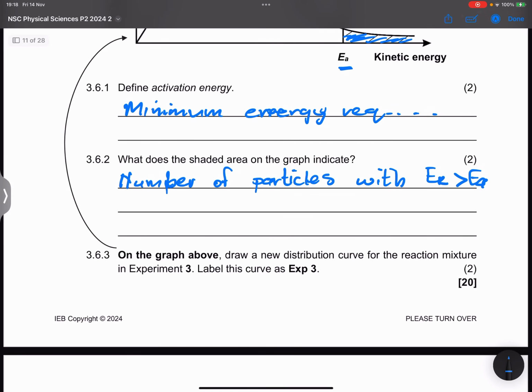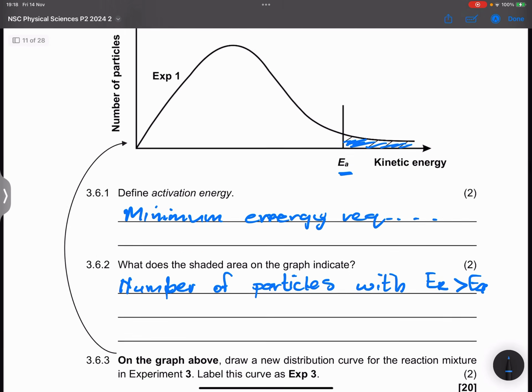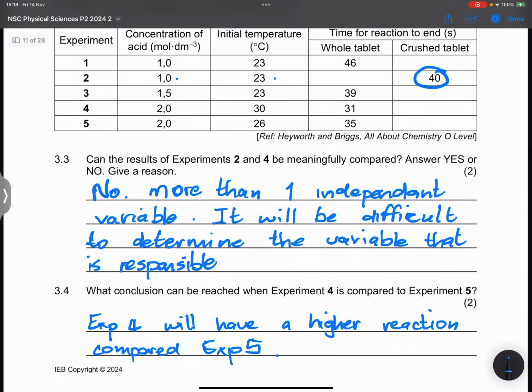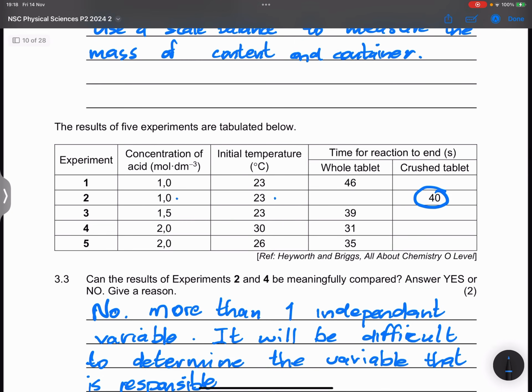They say on the graph above, draw a new distribution curve for the reaction mixture in experiment 3. Label the curve as experiment 3. Let's see what happened in experiment 3 in comparison to experiment 1.